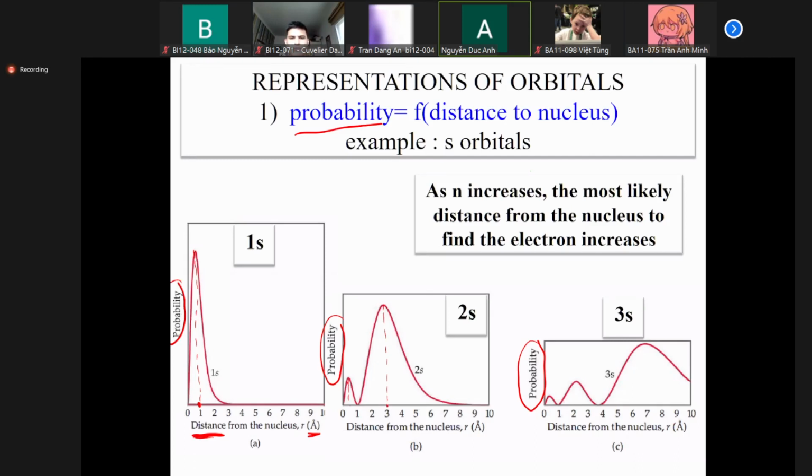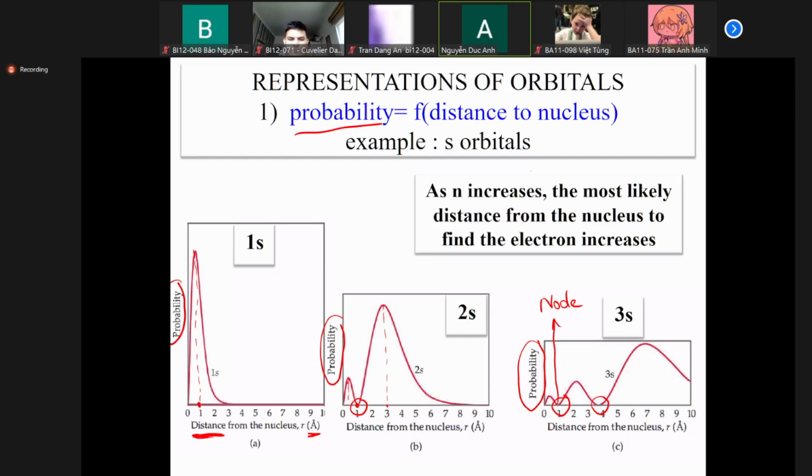If you have 2s or 3s, you have some specific positions like this, and we call this a node. A node is a position, a sphere, or a plane, but at this position you cannot find the electron. The probability of finding an electron at the node is 0.